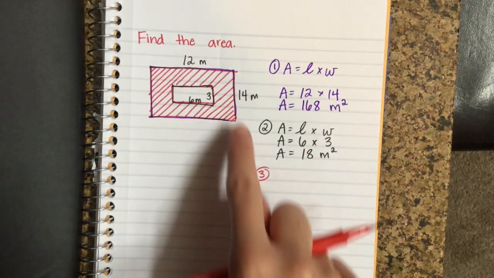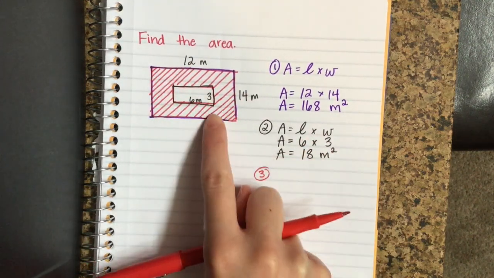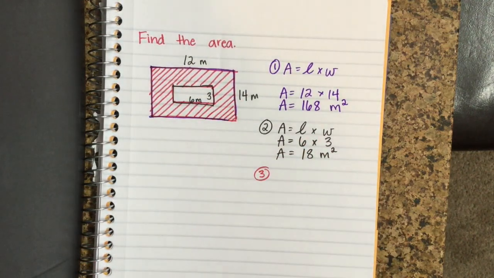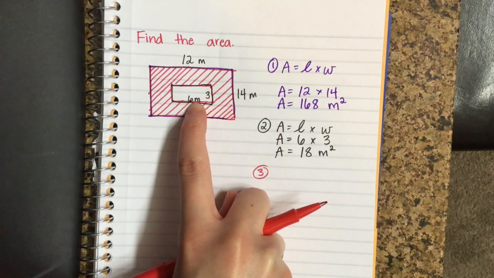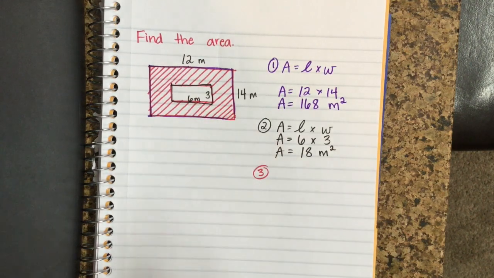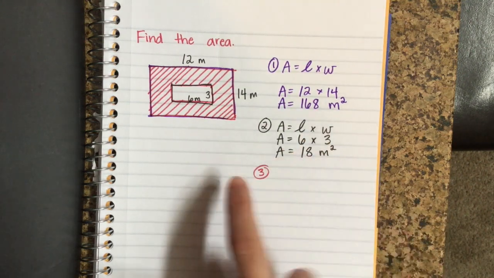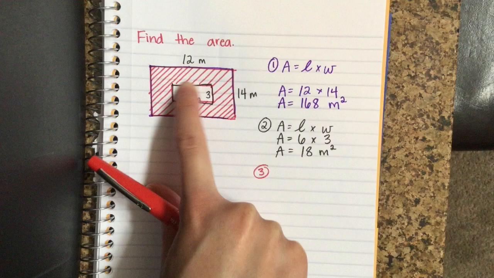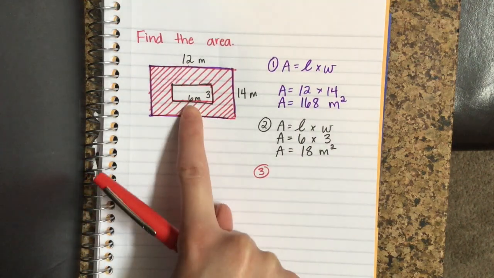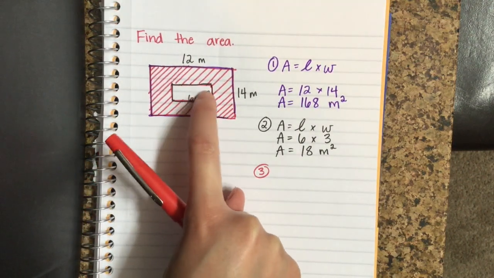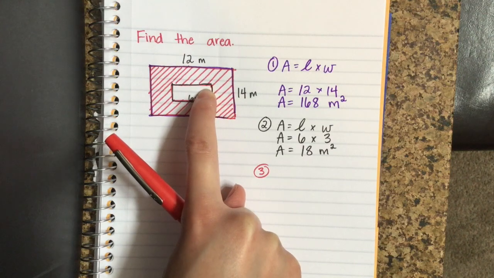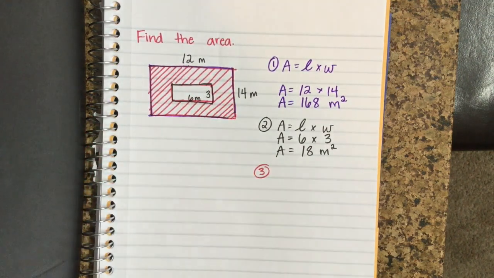So in this problem, we are finding the area of just the part that is shaded with these red lines. That means this little blank piece in the middle, we cannot count in our final area. So we are not adding together our 168 and 18, because that would include this in here. If we want to exclude it, we are subtracting the small rectangle's area from the large rectangle's area.